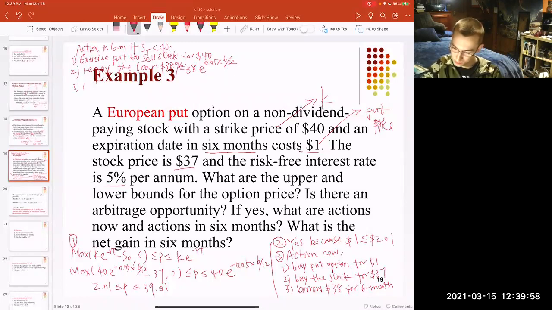So the net gain is the money you receive, which is $40 from the selling, minus the money you pay, 38.96, that's the loan cost.